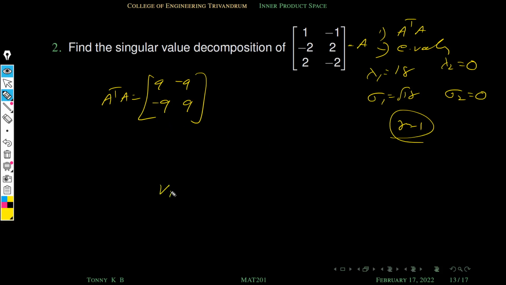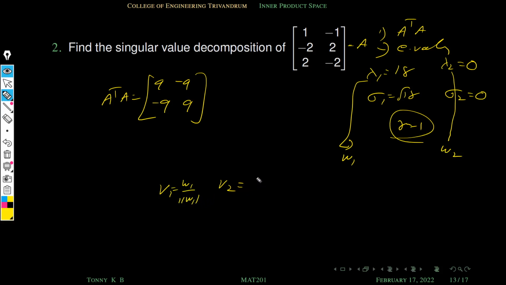Next step is we have to find V1 and V2, orthonormal eigenvectors of A transpose A. Okay, then what is the algorithm for finding V1? First, you have to find an eigenvector corresponding to lambda 1. Let it be W1. Similarly, you can find an eigenvector corresponding to lambda 2. Let it be W2. Then what is V1? V1 is W1 by norm of W1.